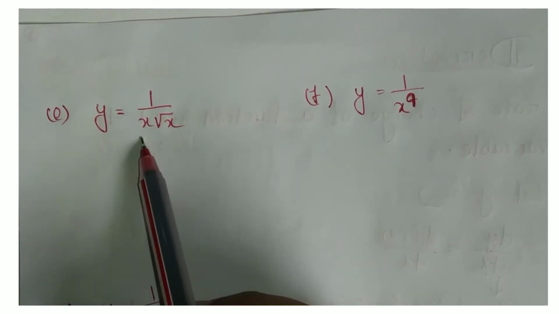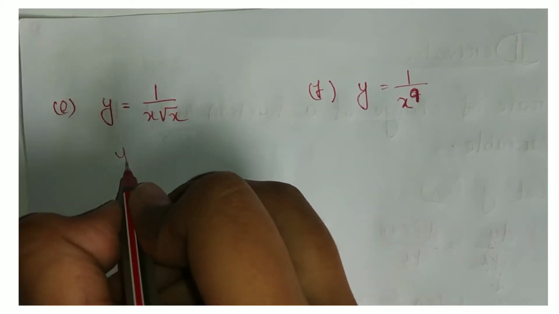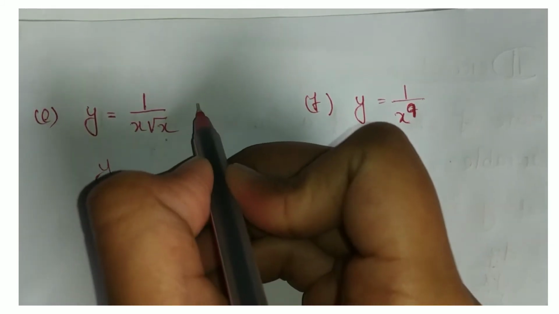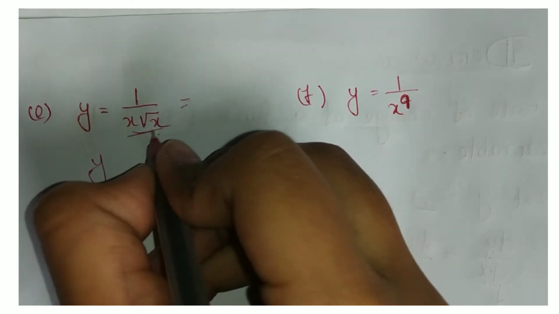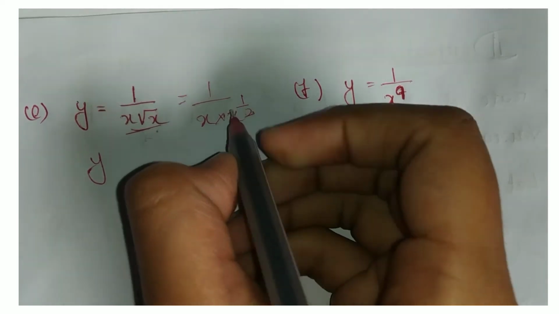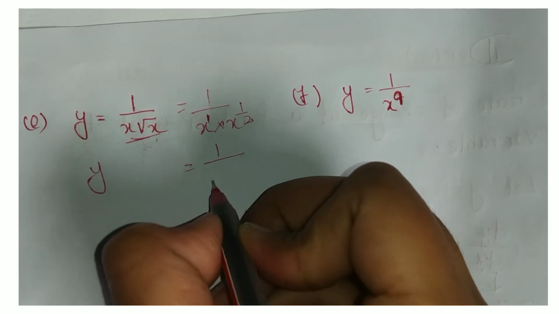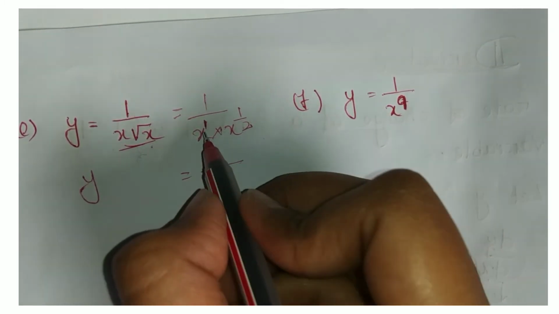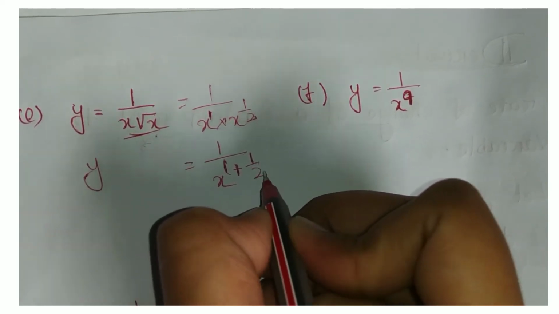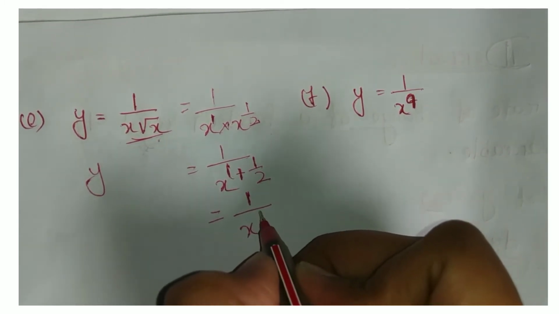Similarly, you can solve this question also. Here y is equal to 1 by x into root over of x, that is, we can also write this as 1 by x into x to the power 1 by 2, that is 1 by x to the power 1 plus 1 by 2, that is equal to 1 by x to the power 3 by 2.